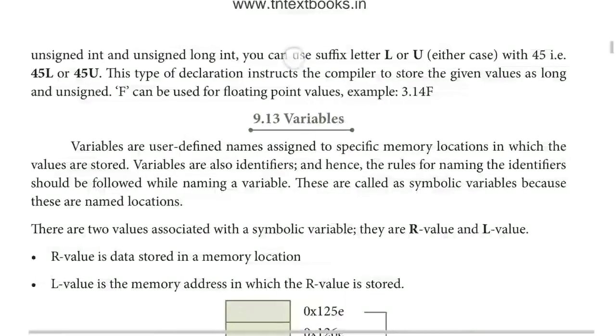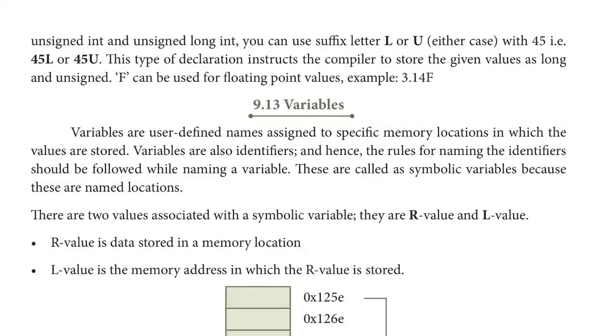Next is variables. What is a variable? A variable is a memory location that is allocated to a particular data type. For example, int a: 2 bytes of memory location will be allocated to this variable name a.